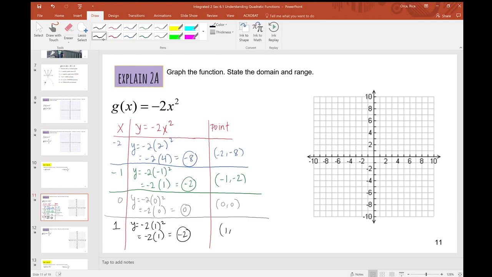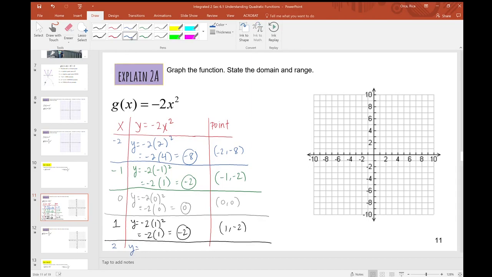Our fourth point is 1 comma negative 2. Finally, when x equals 2, y will equal negative 2 times 2 squared. That is negative 2 times 4, which is negative 8. So our last point is 2 comma negative 8.